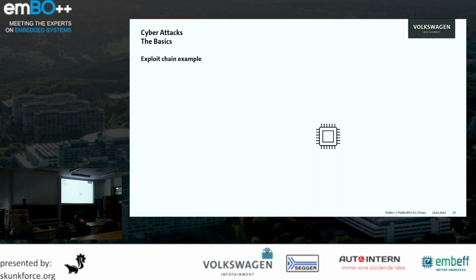The first step is to try to find any kind of breach. I did not mention any reconnaissance steps of first finding out what's running on the target. So for example, this chip has a web server running and you get some remote code execution because it's not secure. You would have established a foothold.